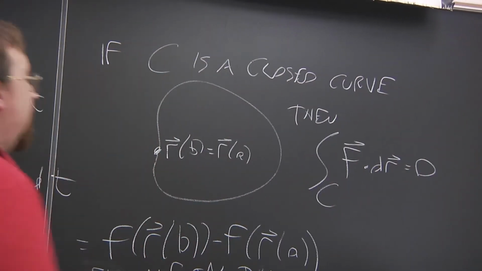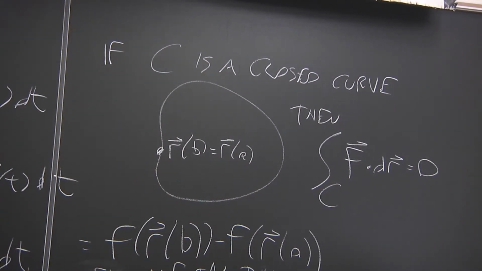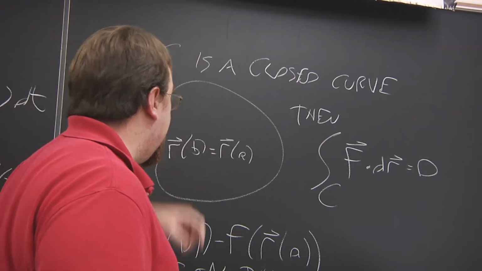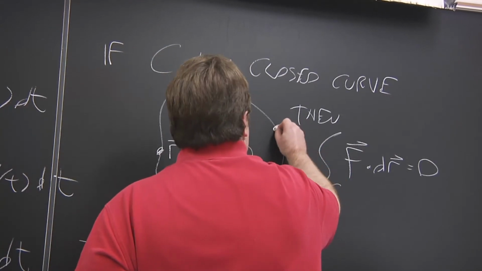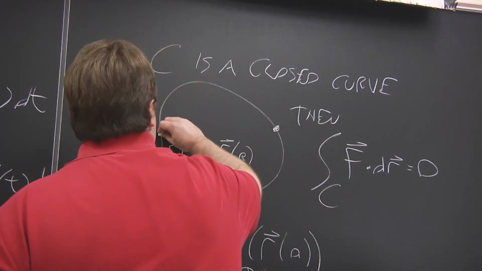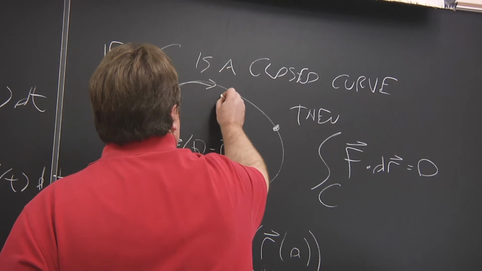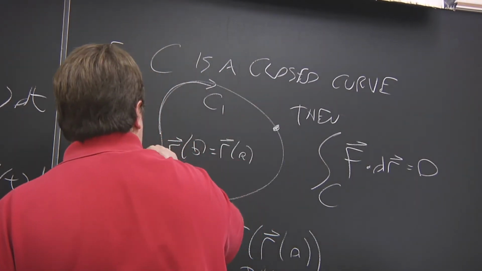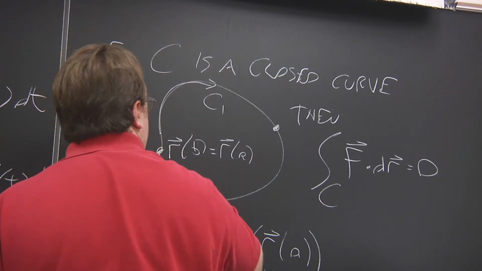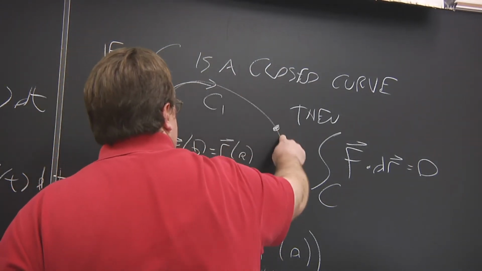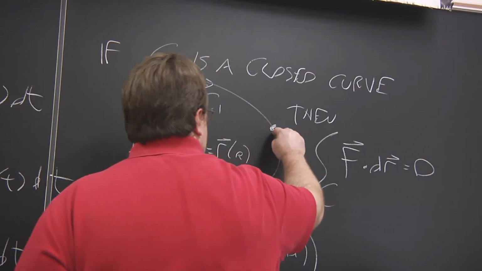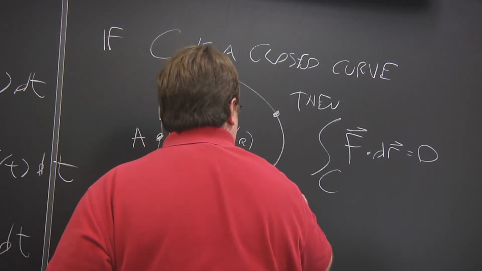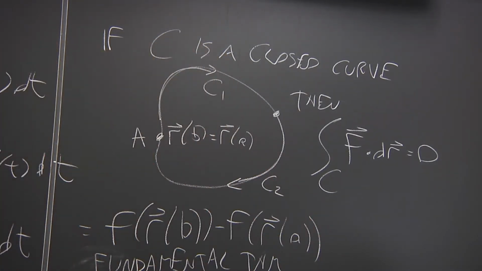Now let's take this closed curve C and divide it up into two curves. We'll have this curve C1 that goes around from here to here, so this is the initial point A, and then we have curve C2 that starts here and completes it.